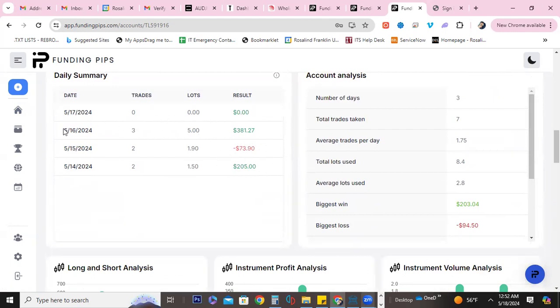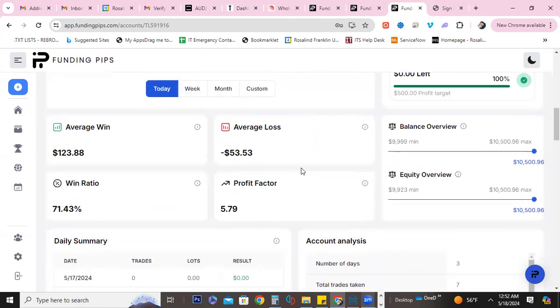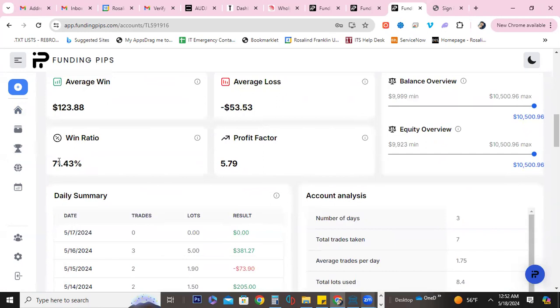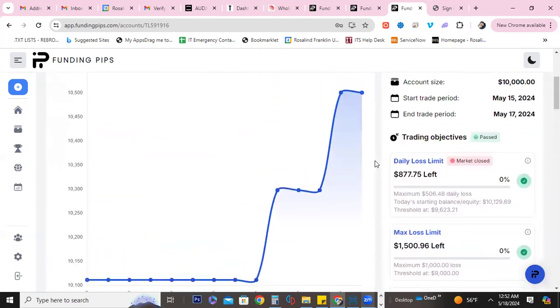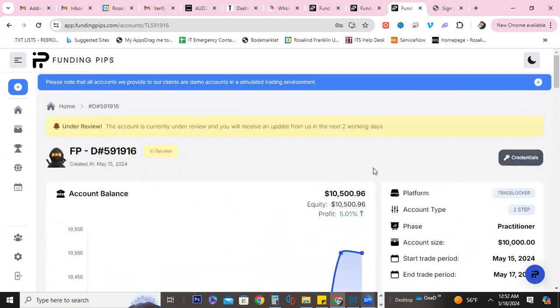And then on the 16th, I hit $381.27, which got me to the threshold to pass the challenge, because the overall amount I had to hit was $500. My win rate here was 71.43. Now this is the second phase of the challenge. So now that I'm done rambling about that, let me show you what I'm doing, right?